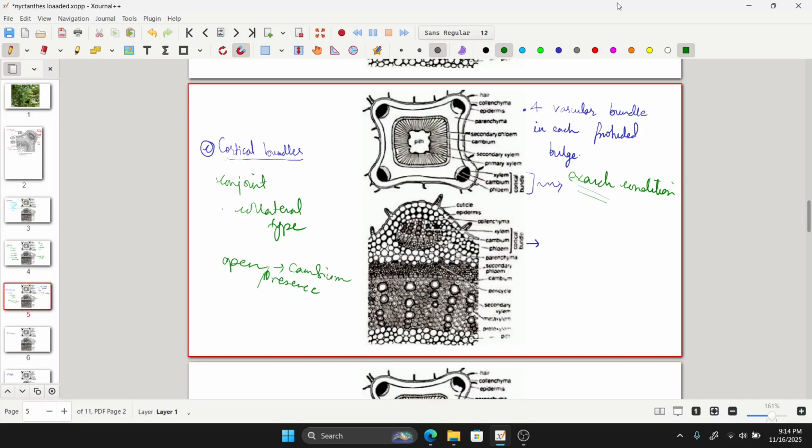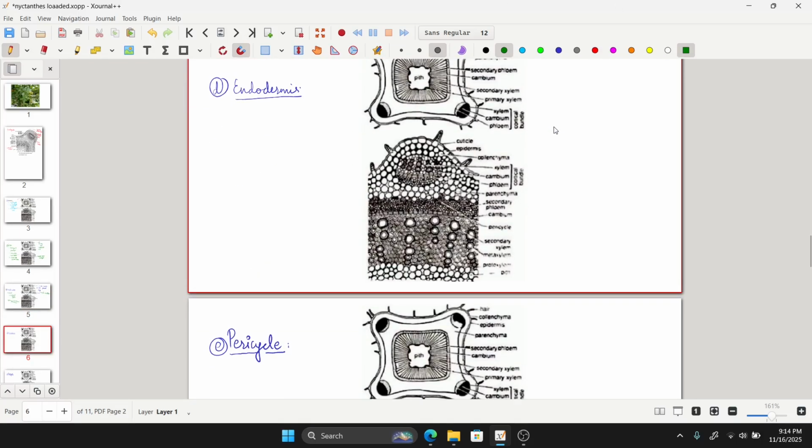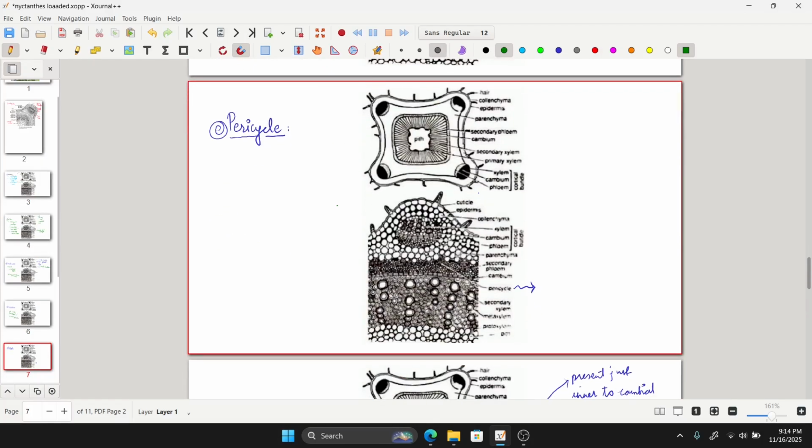Now let's move to the next one, that is endodermis, and in this case it is not well developed, or we can say that it is indistinguishable. And now the turn is of pericycle. Here the pericycle is parenchymatous in structure.